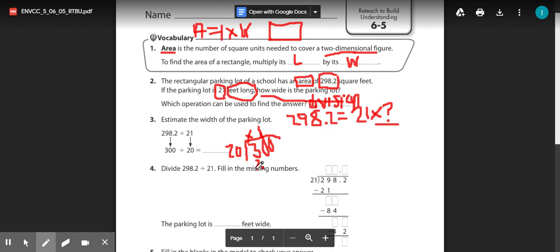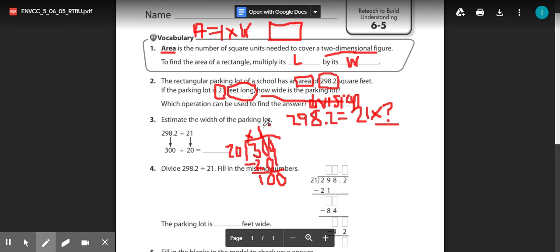30 minus 20 gives us a difference of 10. Very good. And we have to bring down this 0 here. And we are left with 100. Can 100 be divided by 20? Yes.